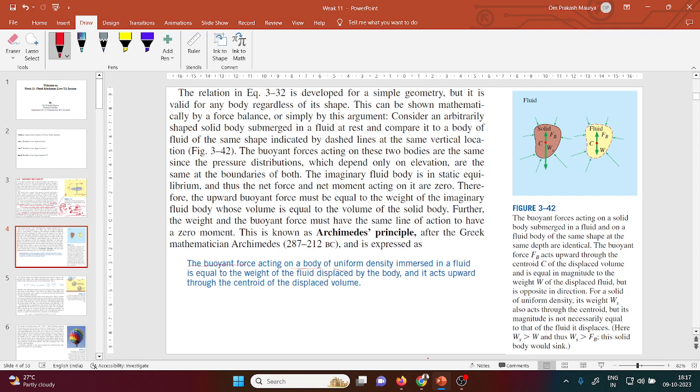It acts through the centroid of the displaced volume, not the centroid of your body. You should always remember this.